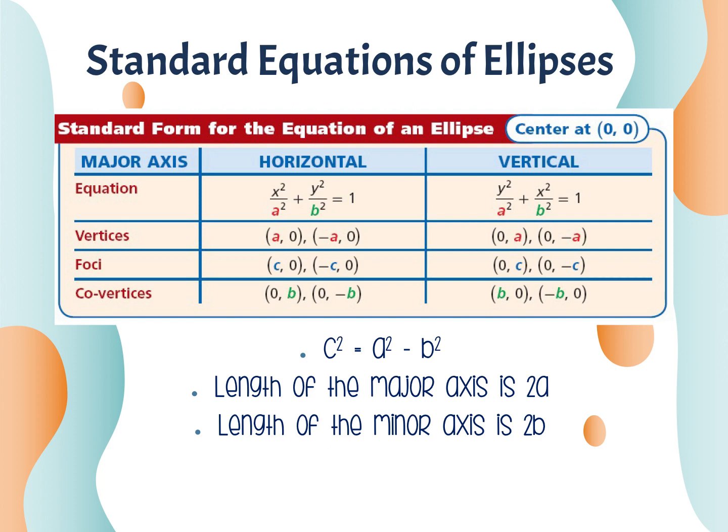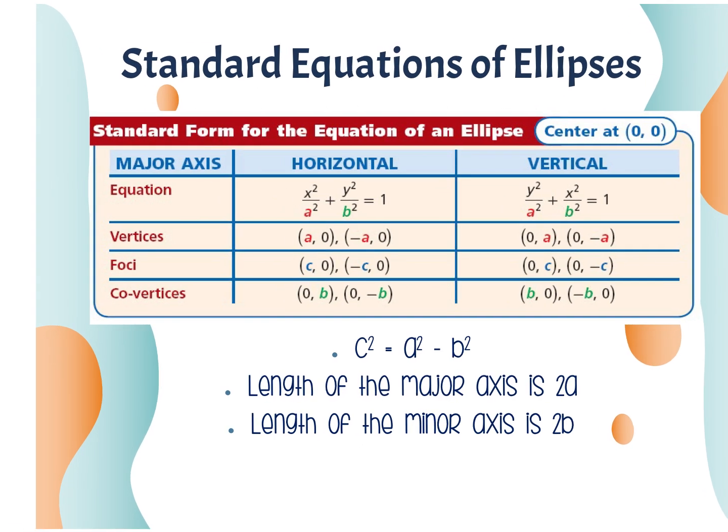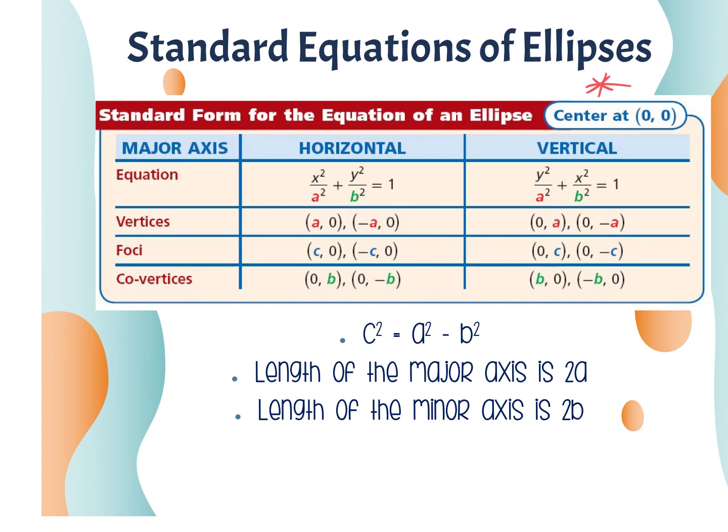So again, when your graph is horizontal, and this is only when the center is at (0, 0). Remember, the location of A squared, the bigger number, tells you which way your ellipse is going to be. Since A squared is under X squared, that tells me it's horizontal.